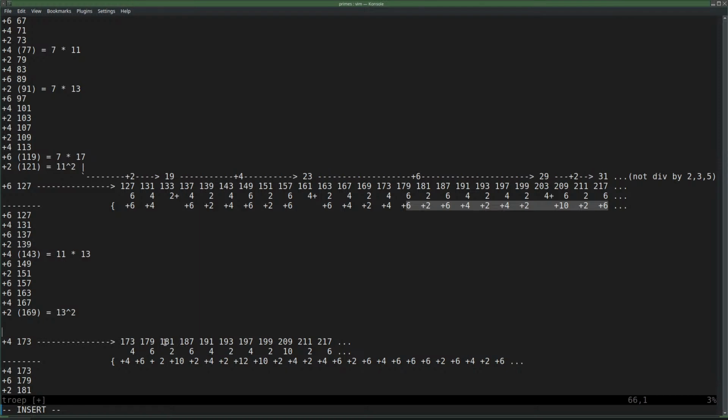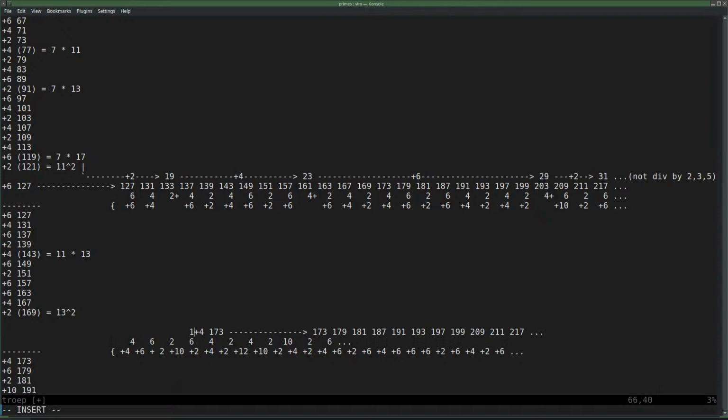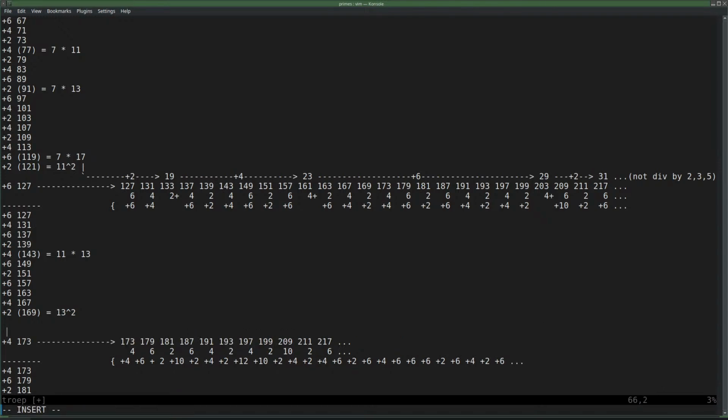What number after 16? Of course, it's going to be 17. 17 times 11, 187. That one. So there's a 17. Oh, what the hell? Undo. This is 17. Yeah, I could have known that because it's this 13 here.